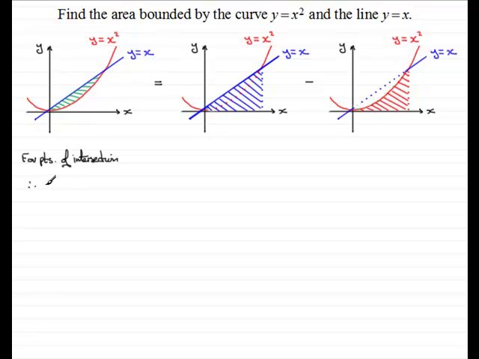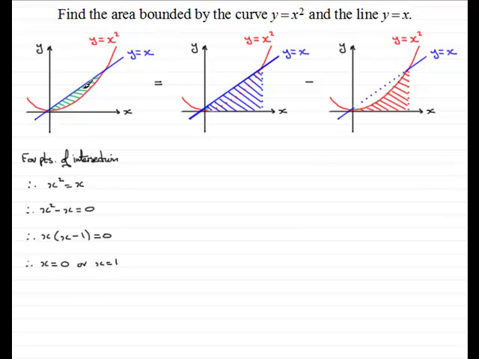So x squared equals x. I subtract x from both sides and get x squared minus x equals 0. Pull out a common factor of x and we have x times x minus 1 equals 0. Therefore either of these factors equals 0, so x equals 0 or x minus 1 equals 0, leading to x equals 1.